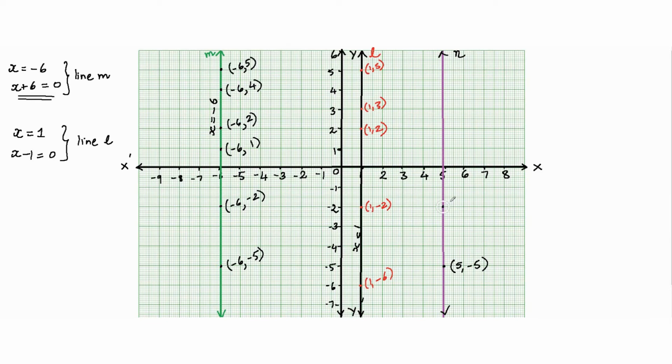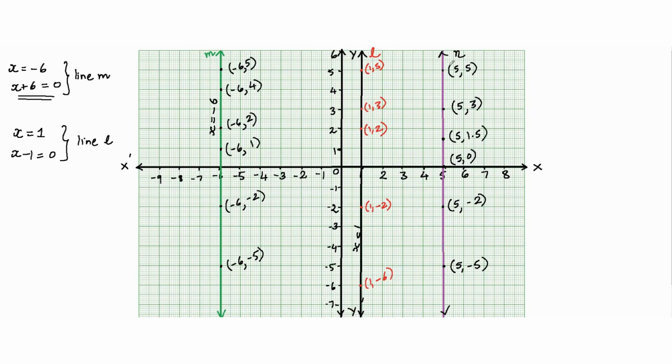Similarly, this point has x coordinate 5 and y coordinate -2. This point has x coordinate 5 and y coordinate 0. This point has x coordinate 5 and y coordinate 3. This point has x coordinate 5 and y coordinate 5. This point has x coordinate 5 and y coordinate 1.5.